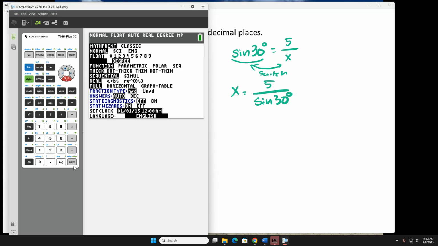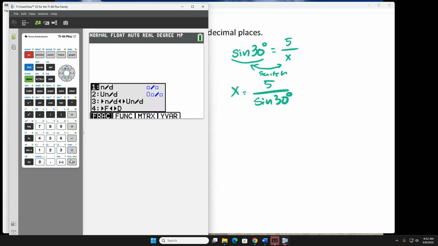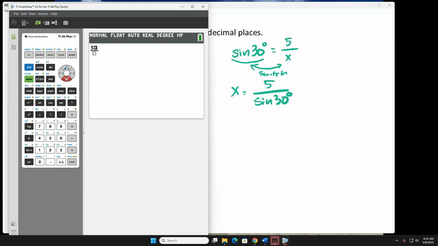But my AP students have probably been using these calculators today. If radian is darkened, make sure you change it to degree. Then you can do a little fraction if you want to, 5 over the sine of 30, and that is just going to be 10. So if you have your calculator right now, make sure that it is in degrees.